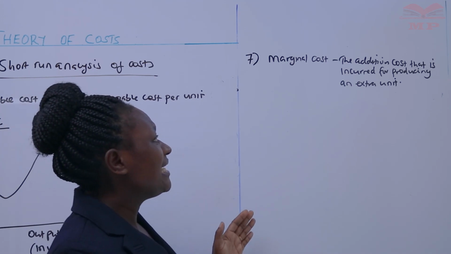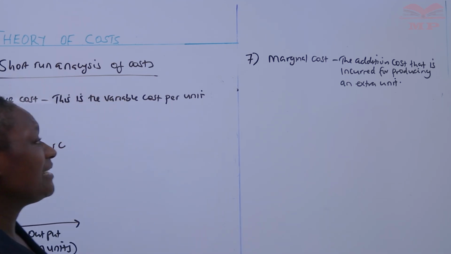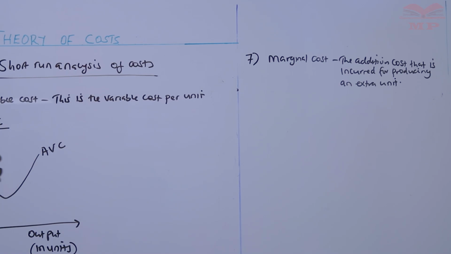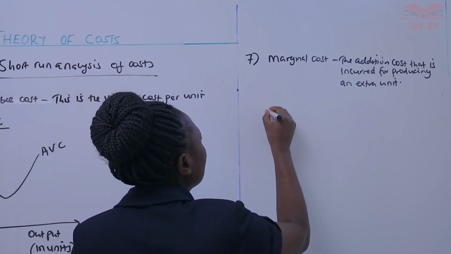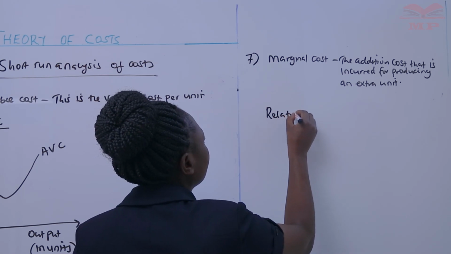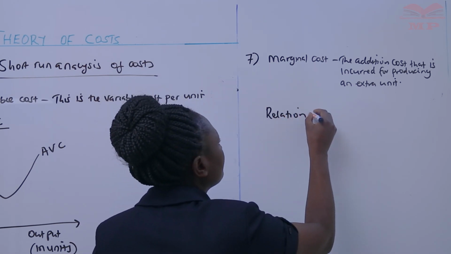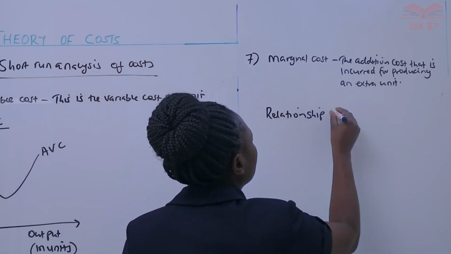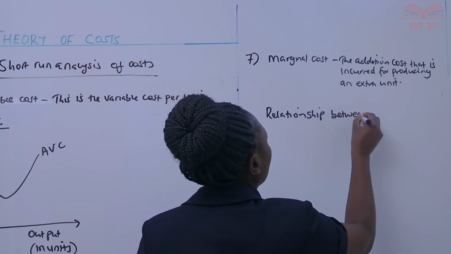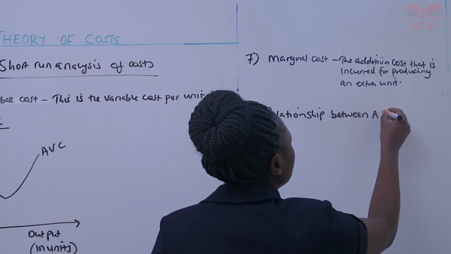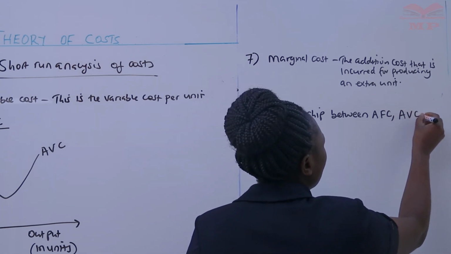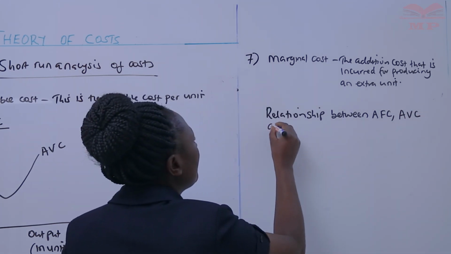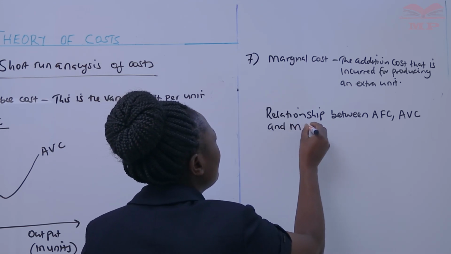We can now illustrate the relationship between average fixed cost, average variable cost, and marginal cost.